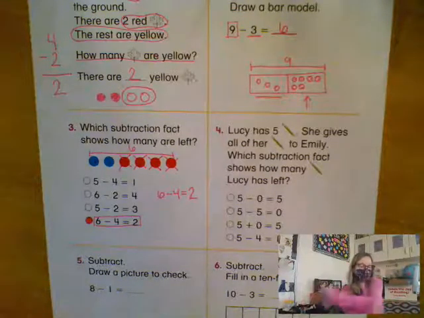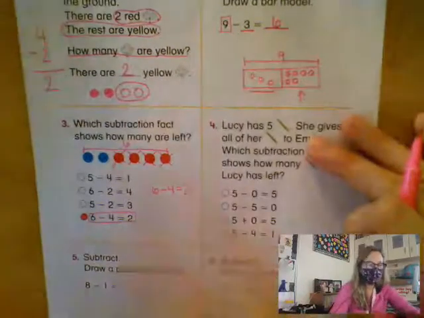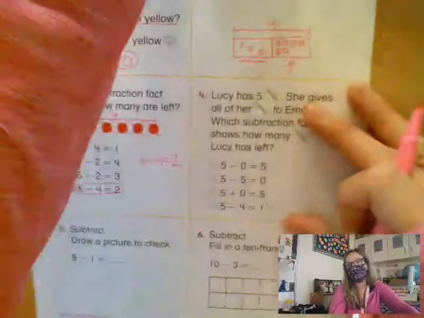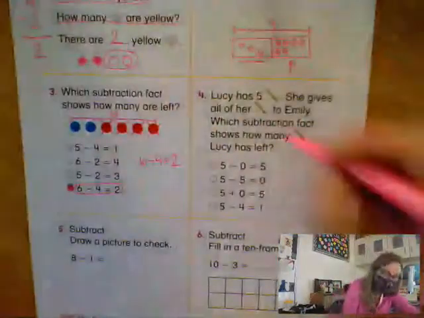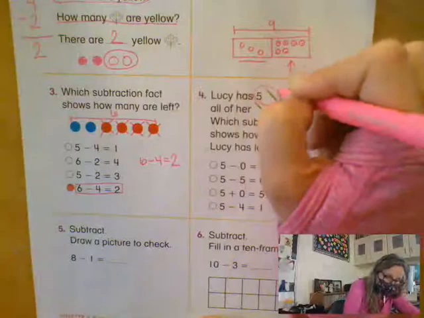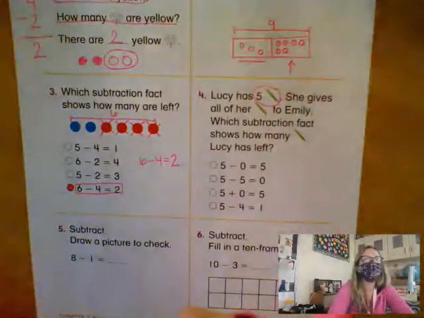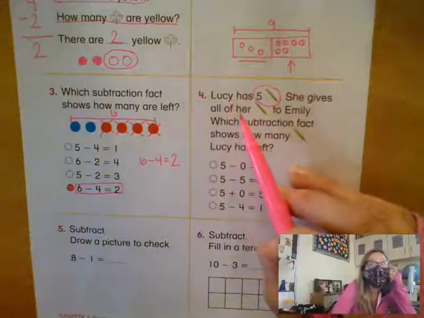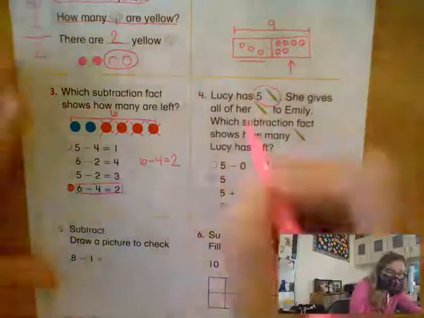Number 4 says Lucy has 5 pencils. Right now, everybody, whether you're sitting at home or you're sitting in this classroom, circle 5 pencils. That's an important number in this equation. Connor, she gives all of her pencils. Circle that.